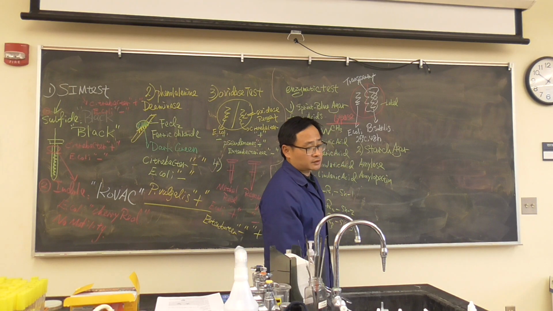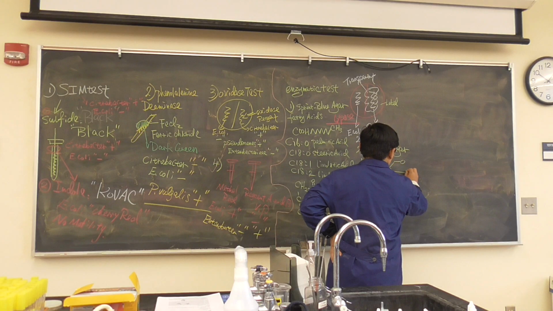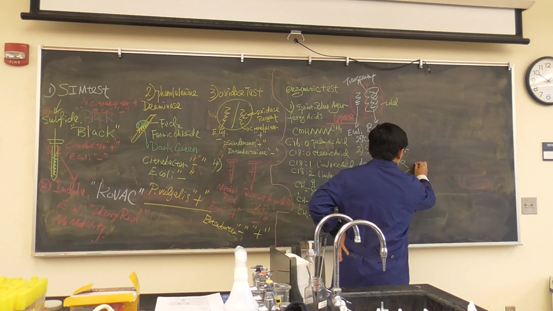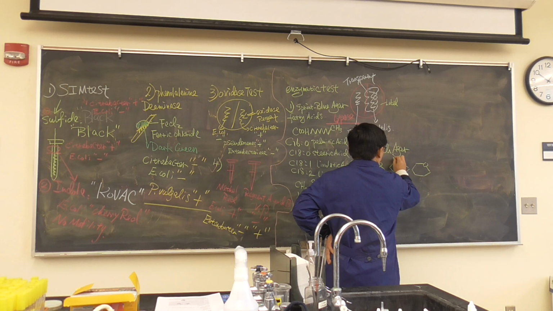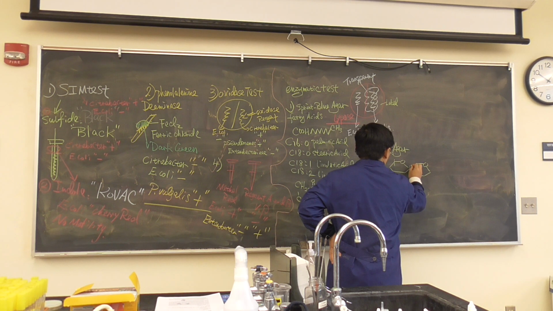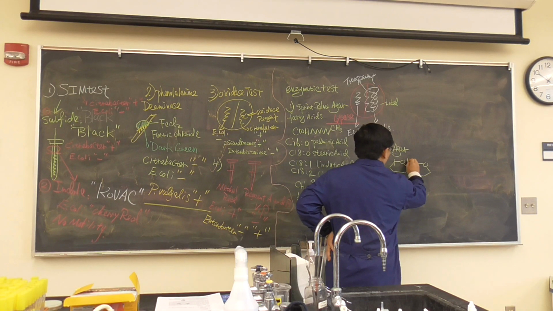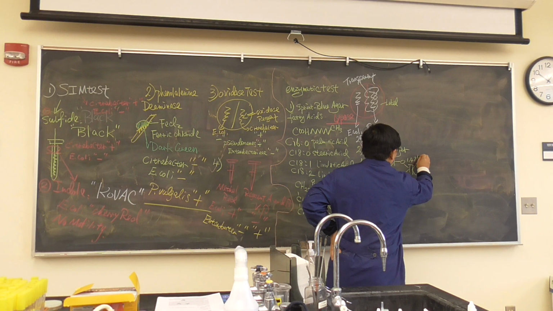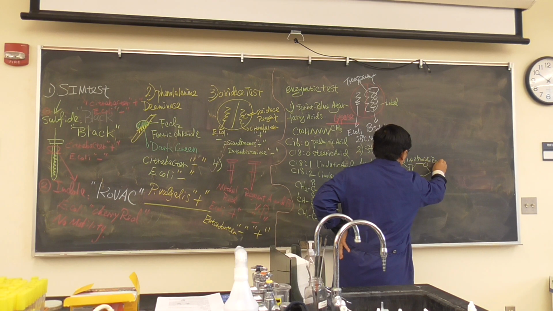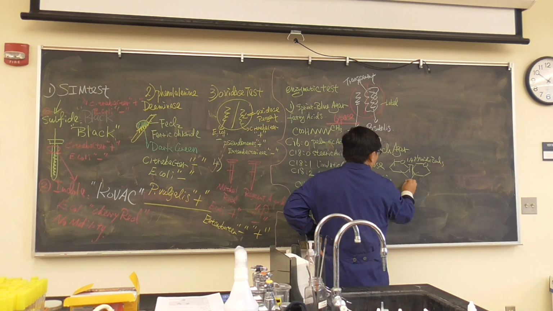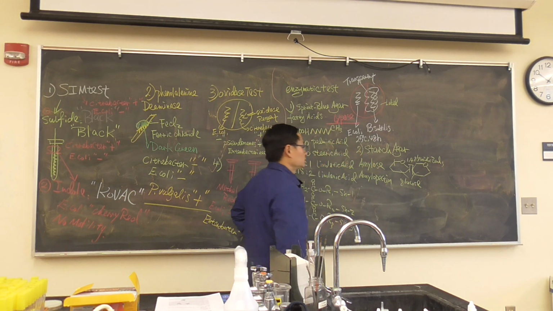So how are the amylose units connected? One-four glycosidic bonds. Is that right? These are two glucose, just draw briefly.